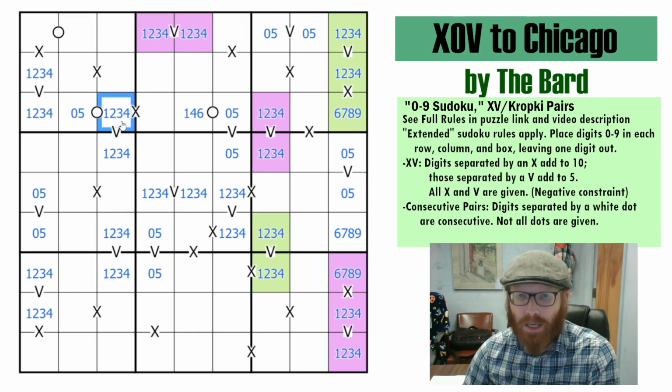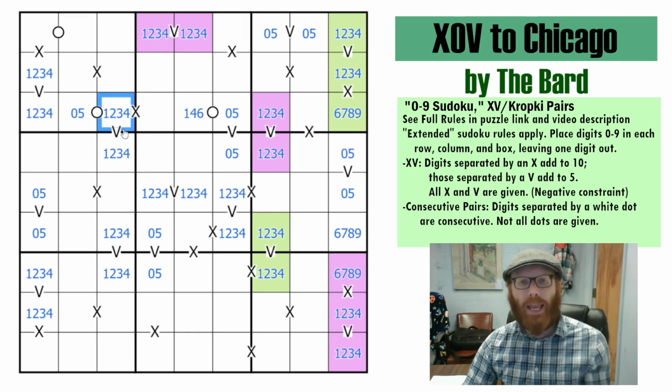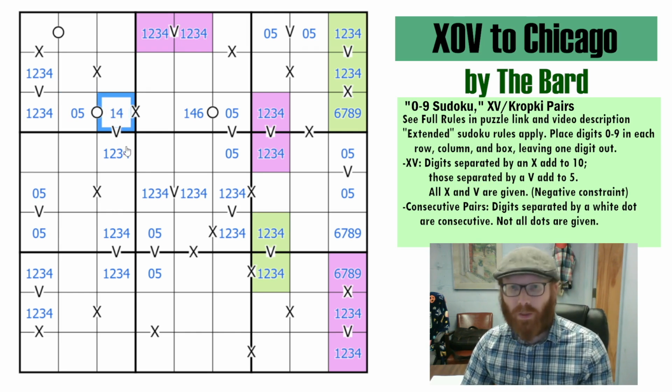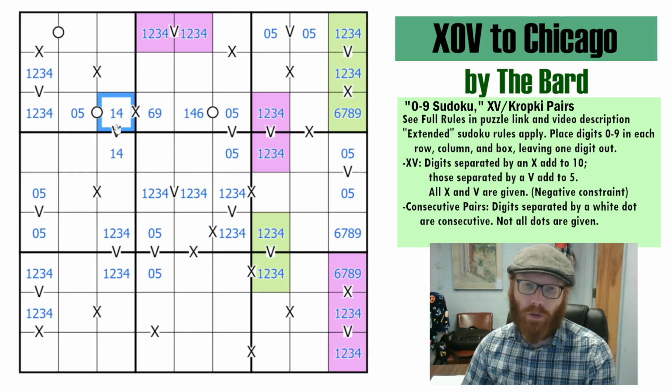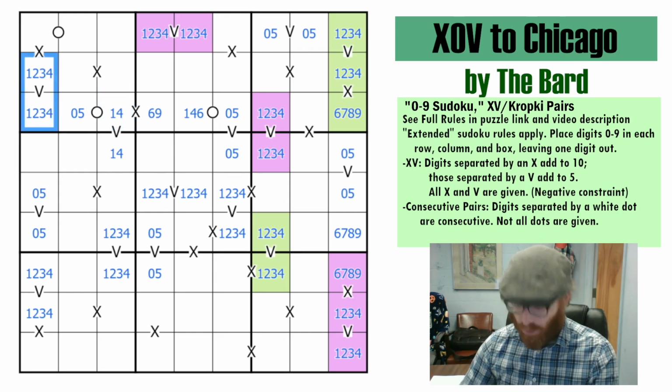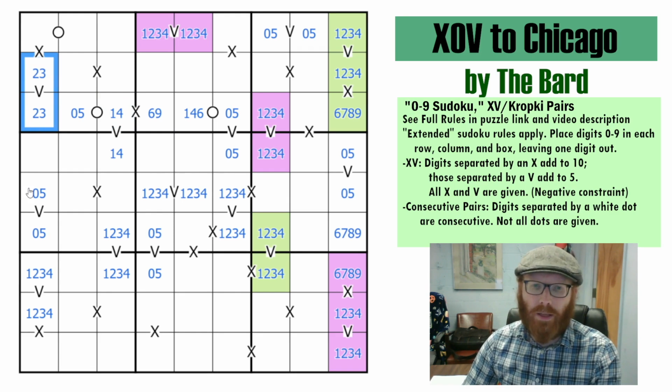That means that this digit right here cannot be 2 or 3. So this is a 1, 4, and that is a 6, 9. If that cell is 1, 4, that means that these are not 1, 4, they are 2, 3. That 2, 3 looks down there, takes 2, 3 out of there.